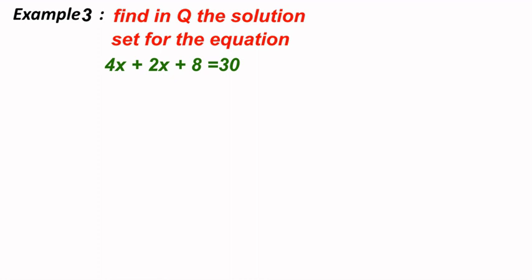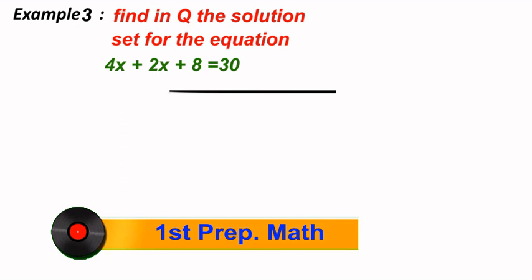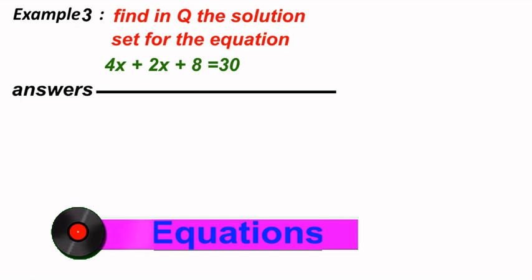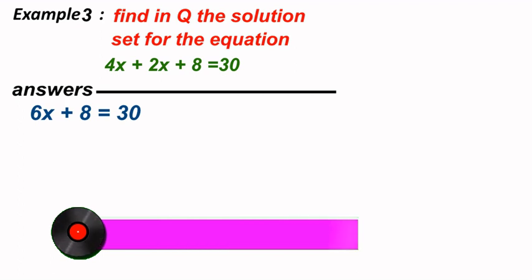So you have to add the two terms to be one term. 4x plus 2x equals 6x. So the equation will be 6x plus 8 equals 30.